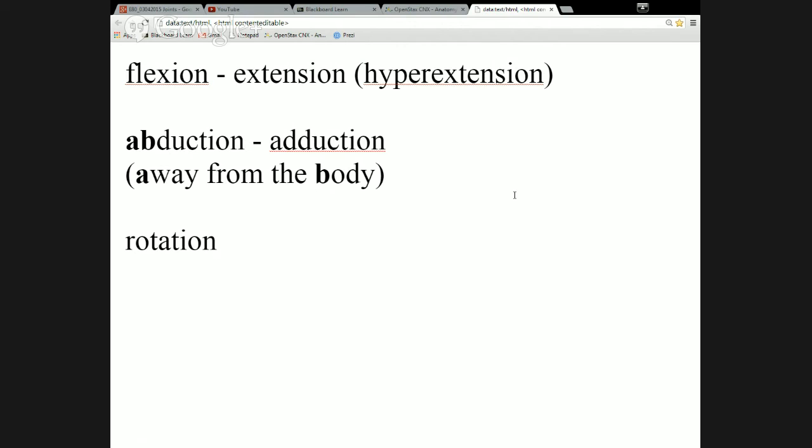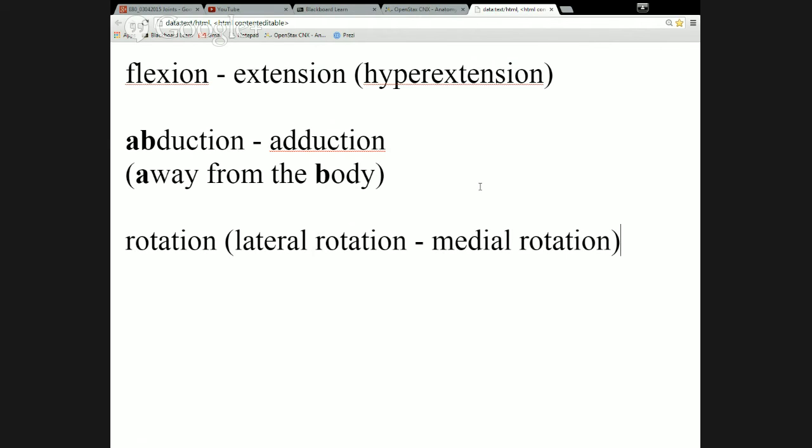Now, there is technically a two-term version of this. Sometimes you'll hear reference to lateral rotation versus medial rotation, okay? But not always. That only applies to rotation in joints that are off midline, okay?